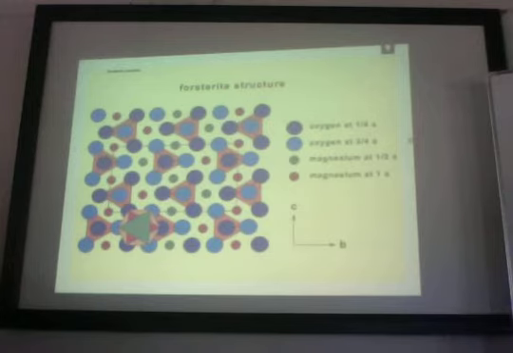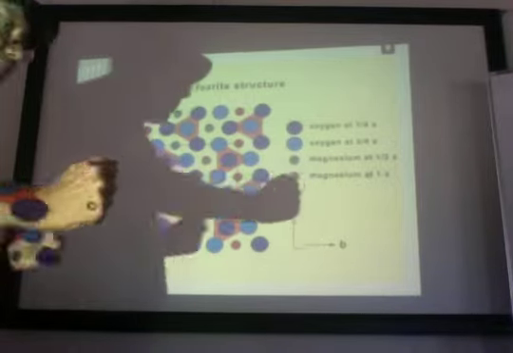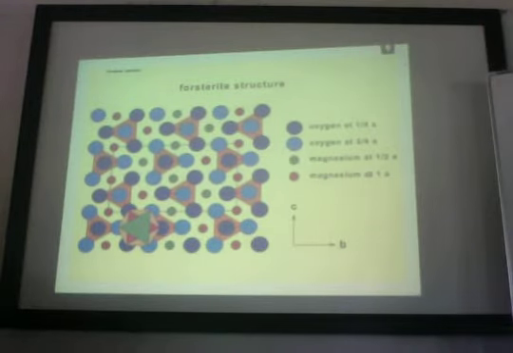Whereas with a silica saturated melt, your tetrahedrons are all connected with each other, and therefore such a melt is not that mobile, and the viscosity is higher.